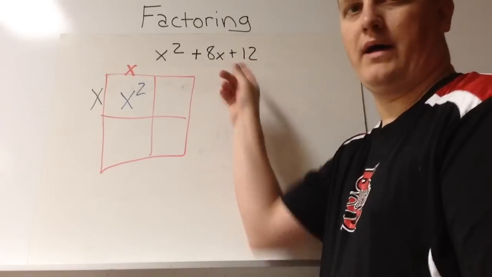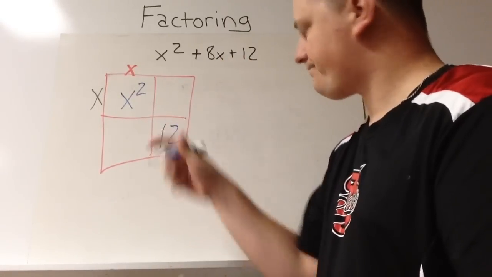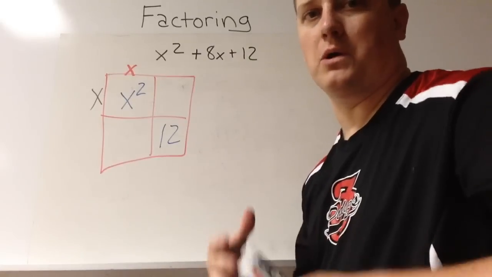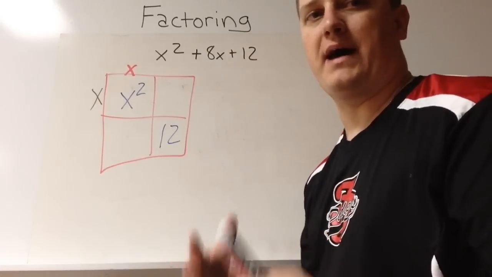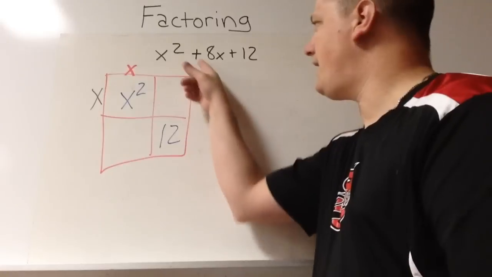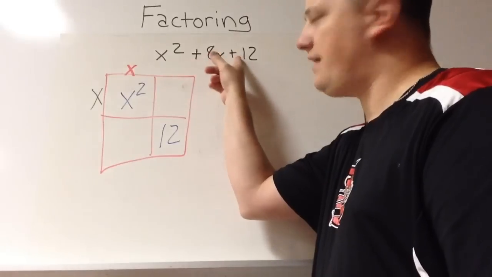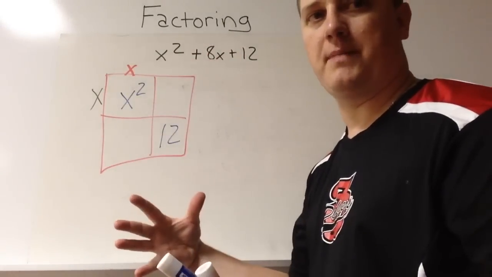Then we go to this 12, and the 12 has to go right here. Then we need to look for numbers that create a positive 12 by multiplying. What you also need to look at is this right here, the plus 8. Because this is positive and this is positive, all our numbers are going to be positive.